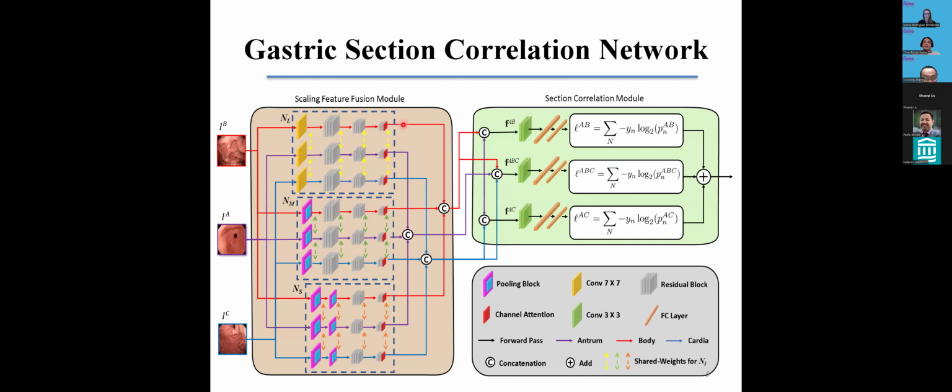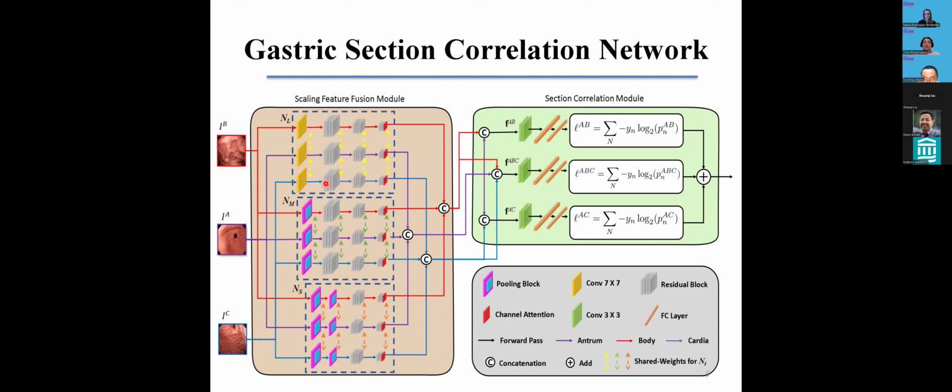To achieve the goal, we propose the gastric section correlation network. Here, the input of the network would be the 3 images, including the image of the entrance, the image of the body, and the image of the cardia. Then, to overcome the scale changes shown in the above slides, we developed the scaling feature fusion module.